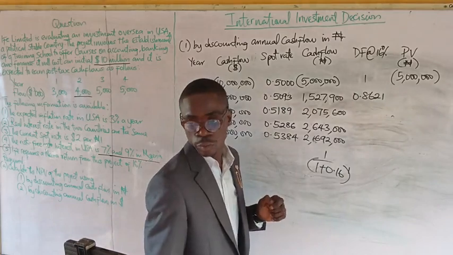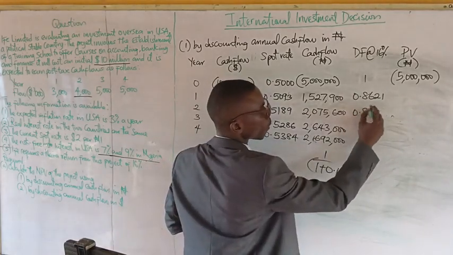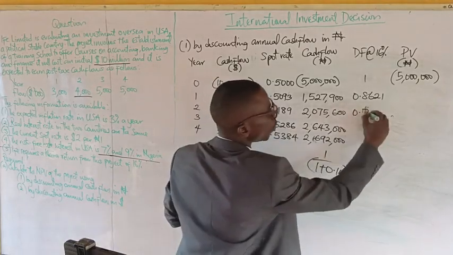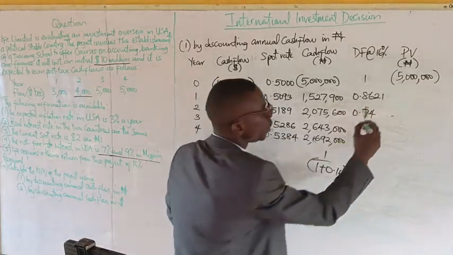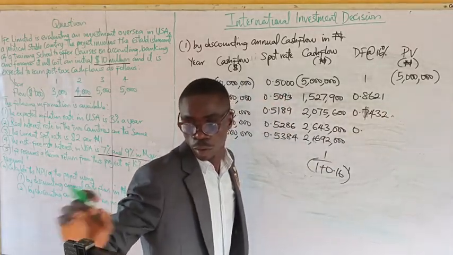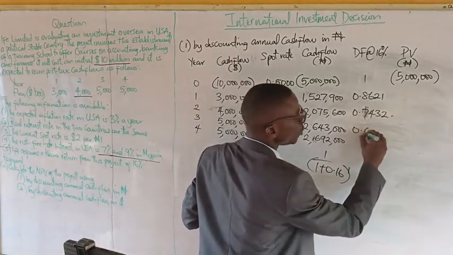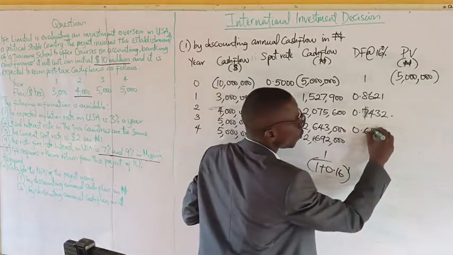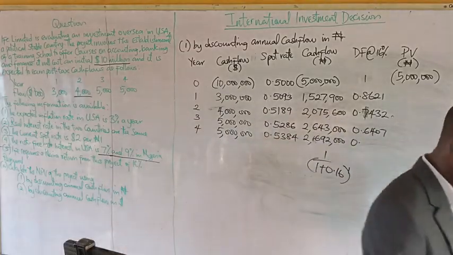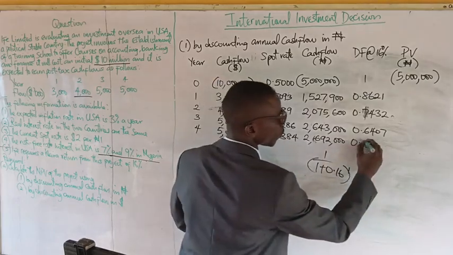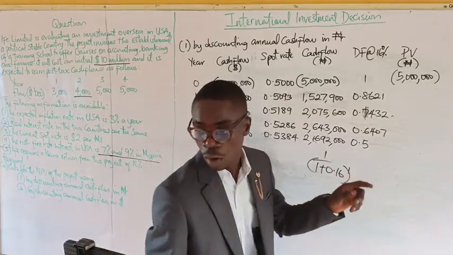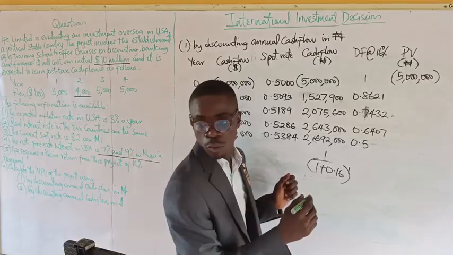The second year is 0.7432. The next one is 0.6407, and the last is 0.5523.